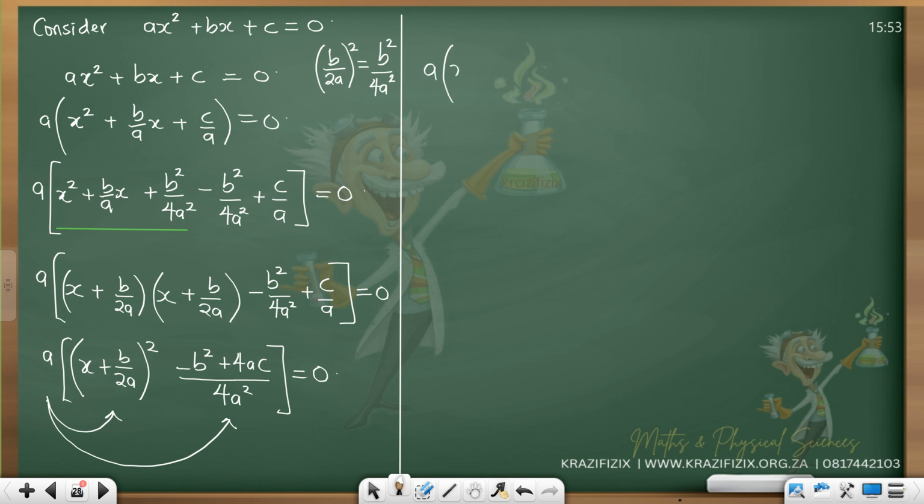A into bracket x plus b over 2a squared. Now, if I multiply this a here, it would actually cancel out 1a. What am I left with? Minus b squared plus 4ac over 4a. Because the a there has cancelled out one of the a's in the denominator. Sweet.